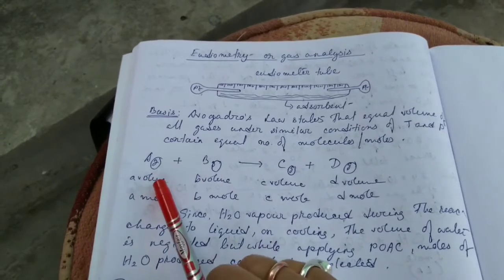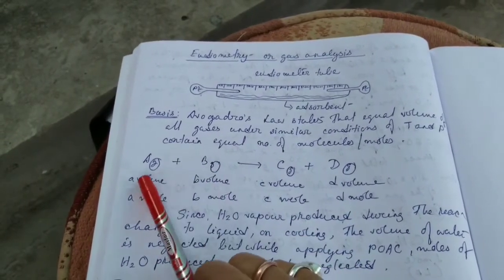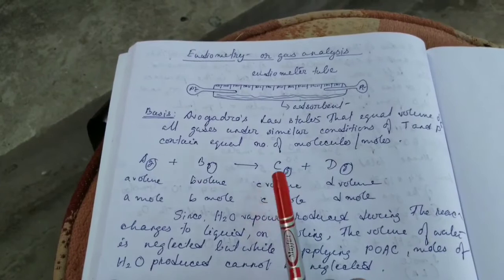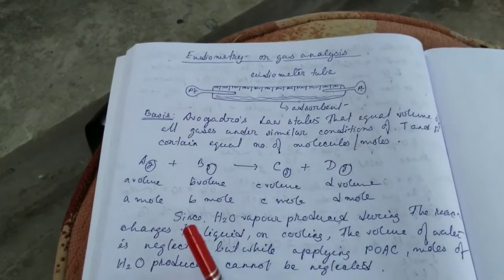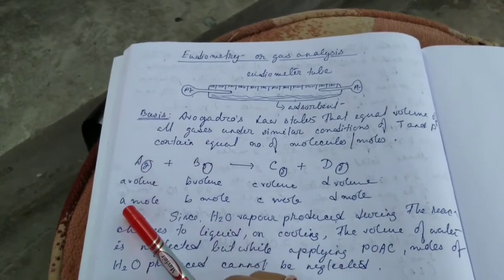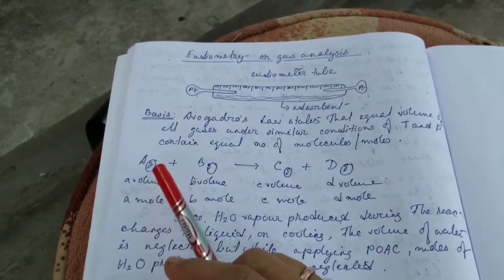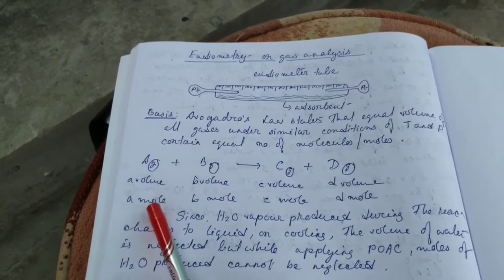Suppose volume A of A and volume B of B has reacted, and it produces volume C of C and volume D of D. So what we can do is directly take this volume as moles.